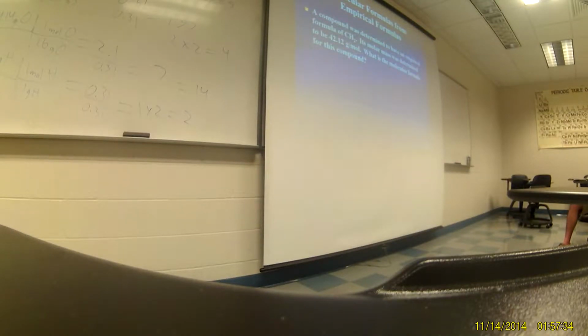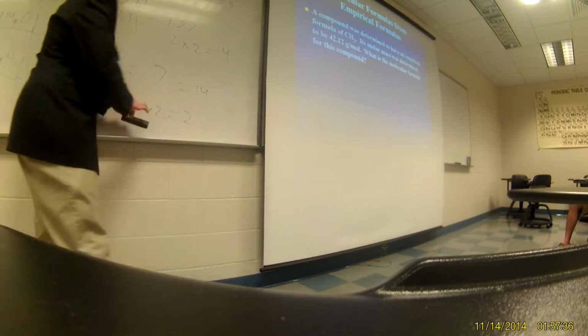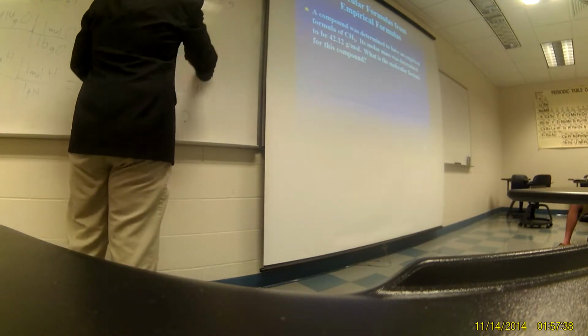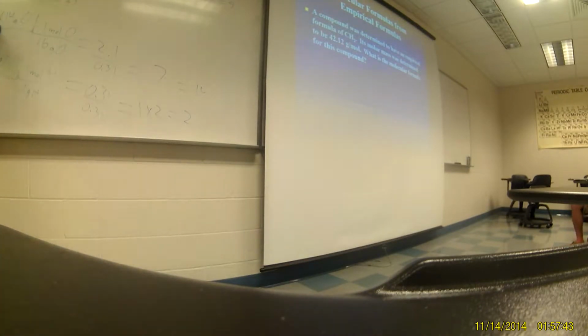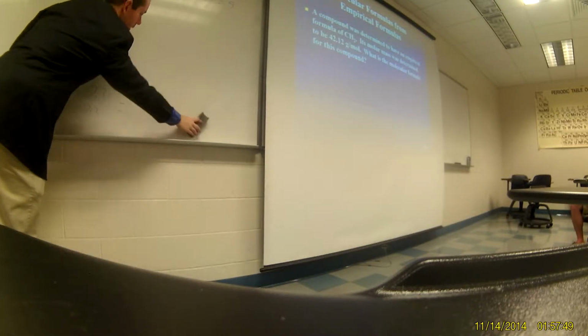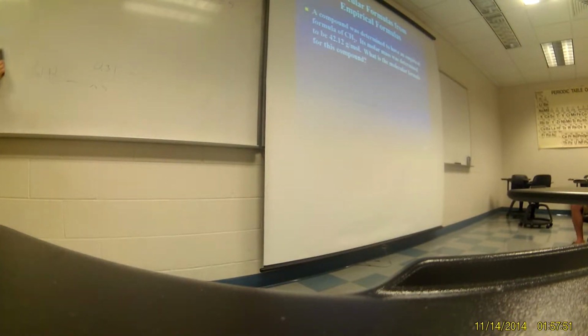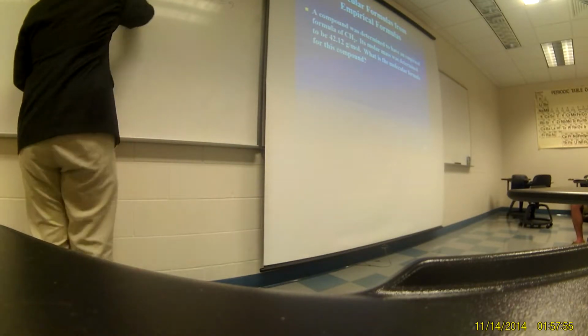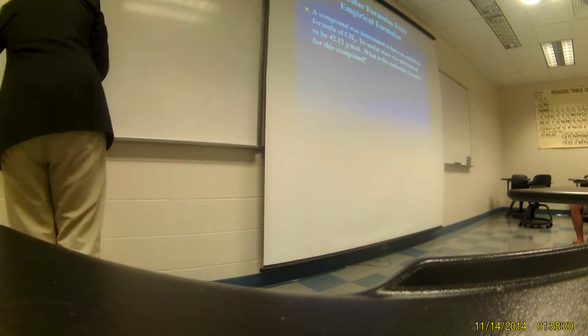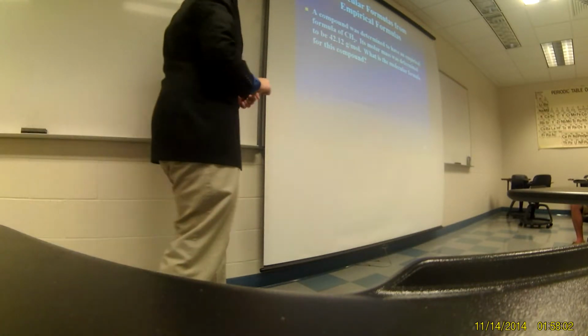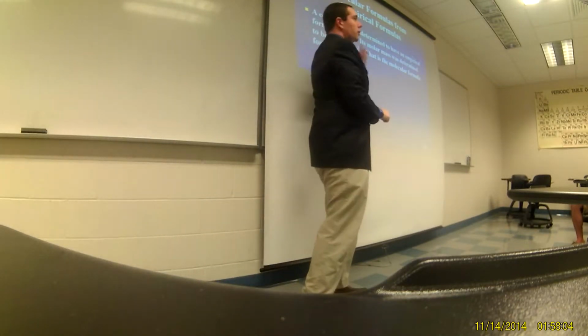So let's do one of these. Here we have, in this case, we're actually already given our empirical formula, so it's going to save us some time. On a quiz, that's probably not going to be given to you, but because we just did this gigantic mess, we're going to assume and hope that you can do the first part and we'll save ourselves some time. So we're told the empirical formula is CH2.